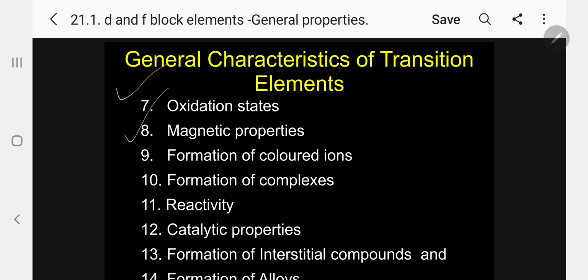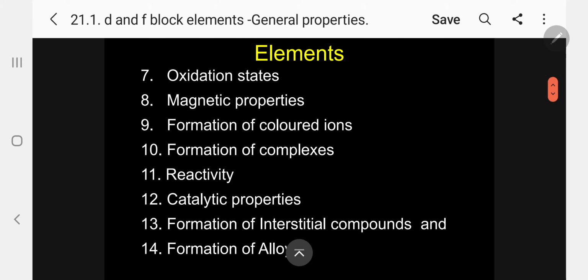Number 8, magnetic properties. Number 9, formation of colored ions. Number 10, formation of complexes. 11, reactivity. 12, catalytic properties. 13, formation of interstitial compounds. And finally, formation of alloys.